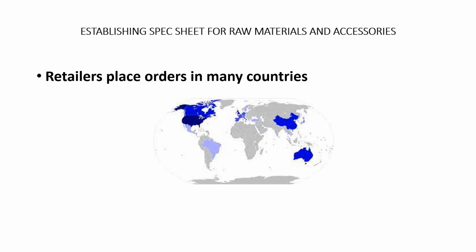Because if they place the order in one country, maybe there is some delay at that factory, but if they distribute that order in different countries, there will be a chance of getting that commodity at the same time, so they can save time also. So they can place the order in various countries. This is the scenario in the apparel industry.